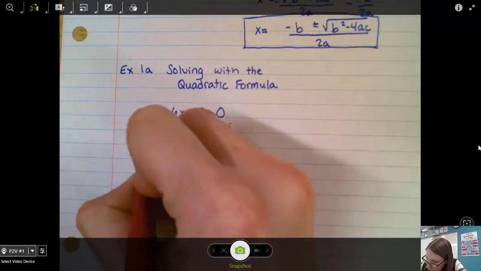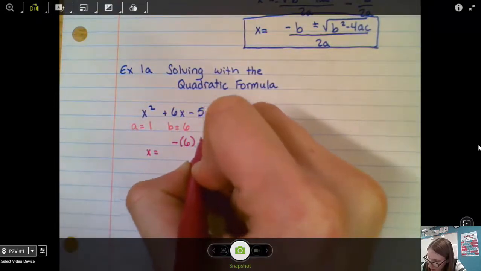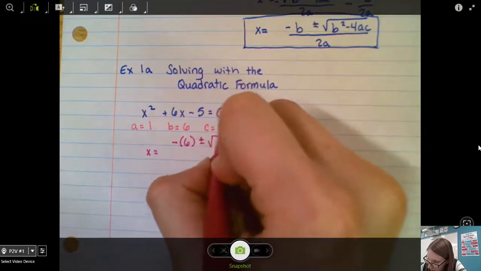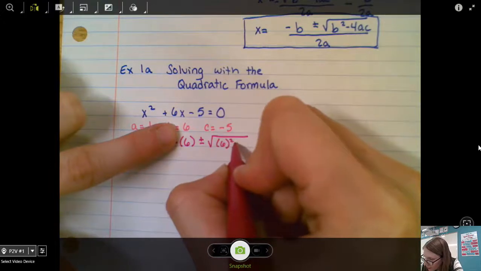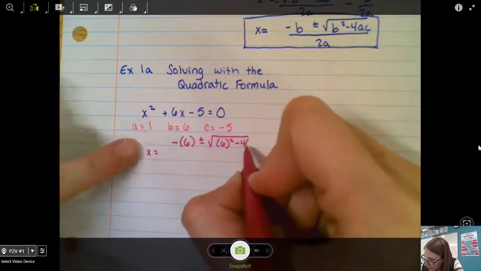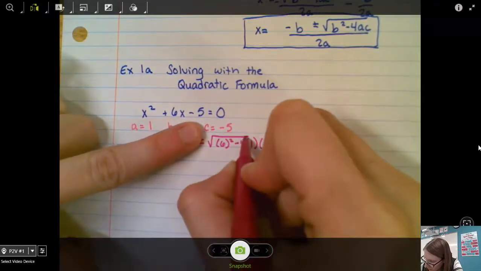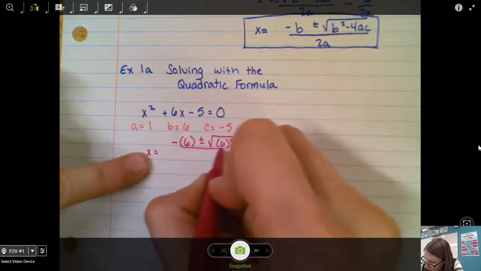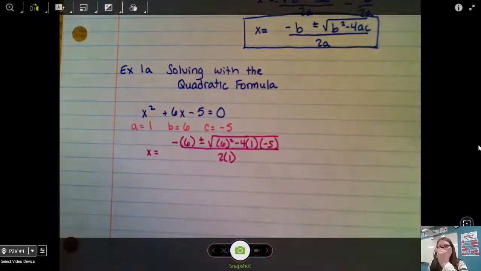So we get x equals negative b plus or minus the square root of b squared minus 4 times a times c, all over 2a. And now let's simplify.